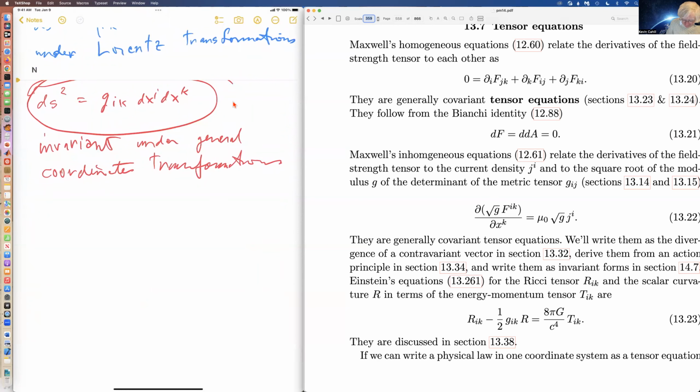And how is that going to work? Well, in order for this to be invariant under general coordinate transformations, the g_ik has to be a tensor of second rank. In other words, g_ik is a rank 2 tensor.